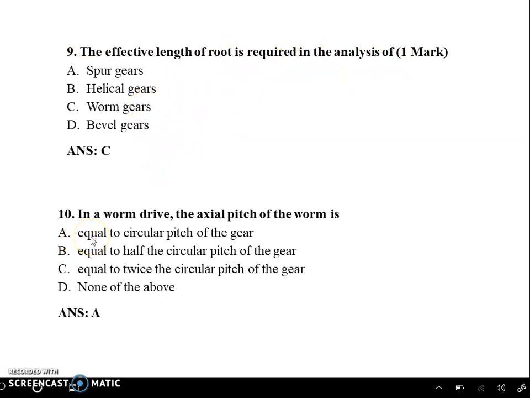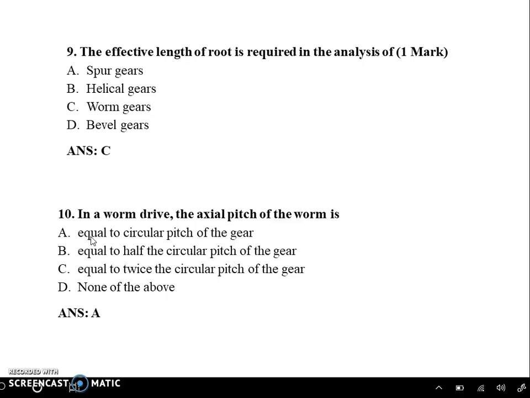And coming to this last question, in a worm drive, the axial pitch of the worm is, and the options are equal to circular pitch of the gear, equal to half the circular pitch of the gear, equal to twice the circular pitch of the gear, and none of the above.